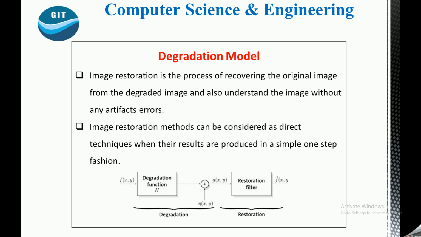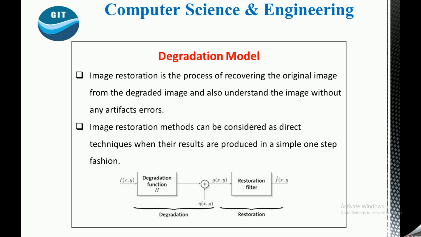Now we will come to the degradation model. The degradation model is an image distortion method which is the process of recovering the original image from the degraded image, and also understanding the image without any artifacts or errors. The image distortion method can be considered a direct technique when the results are produced in a simple one-step fashion.